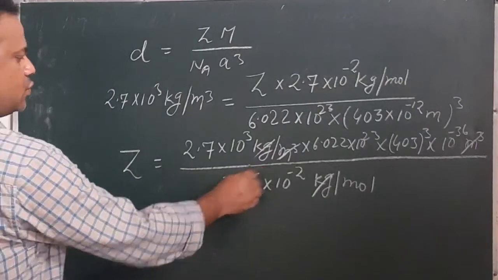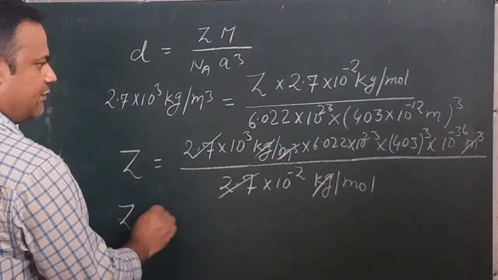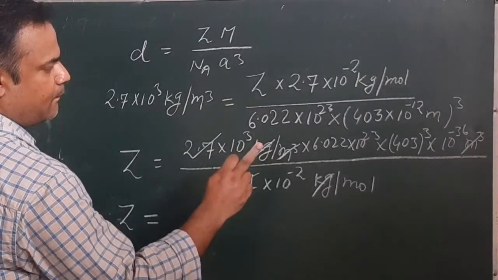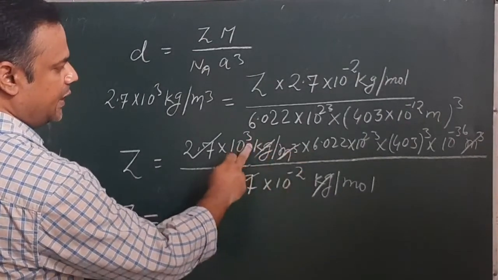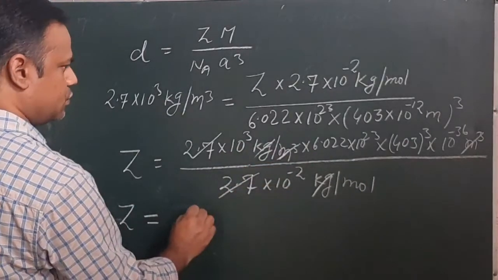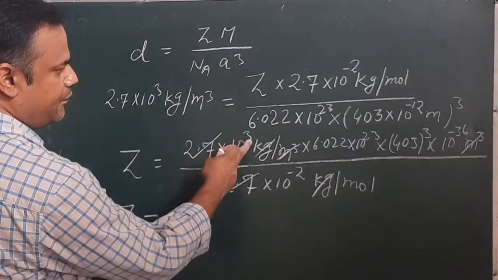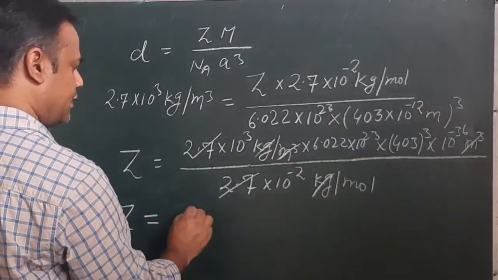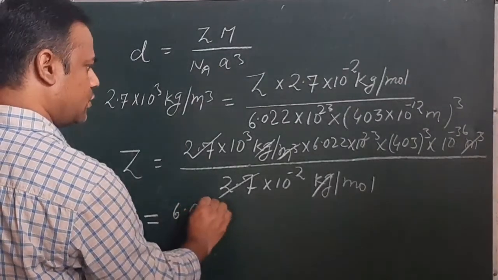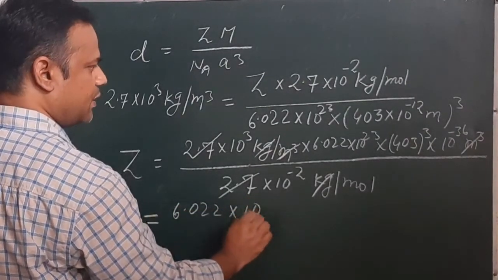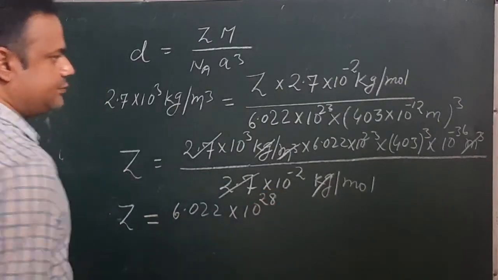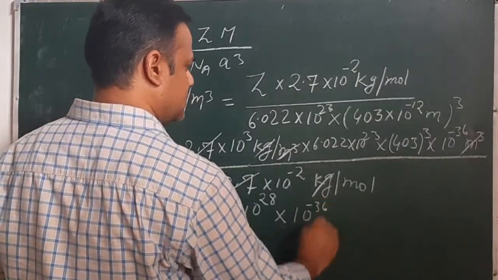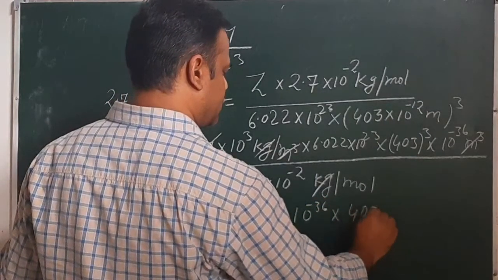From here we can see this 2.7 will cancel out, and we'll have Z is equal to this value, 10 to the power 3 and 10 to the power minus 2. So we can write 10 to the power 5, and here 10 to the power 23. So we'll add all these values and we'll come to the conclusion that we have 10 to the power 28 into 10 to the power minus 36 into 403 whole cube.